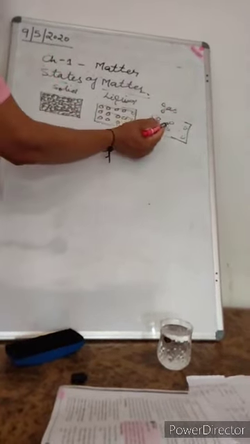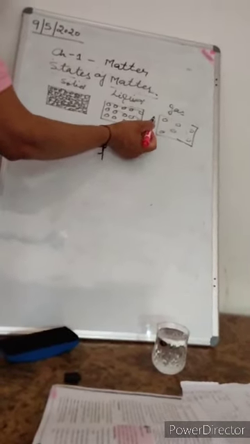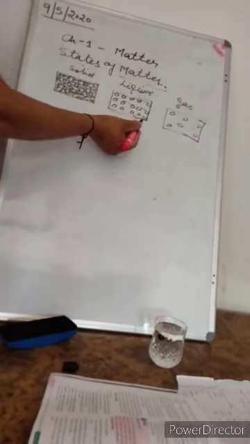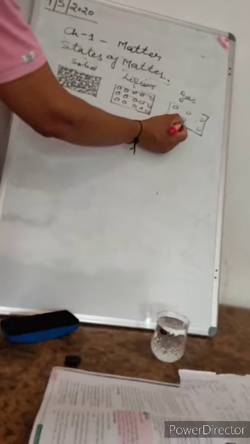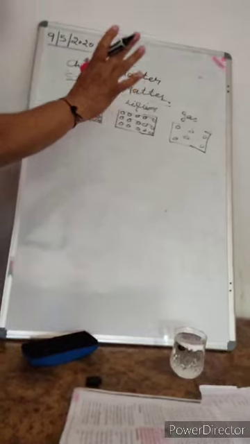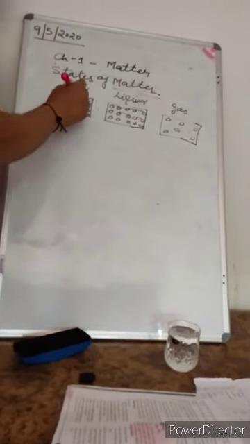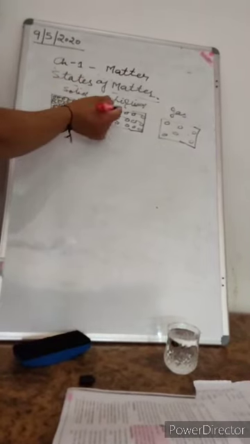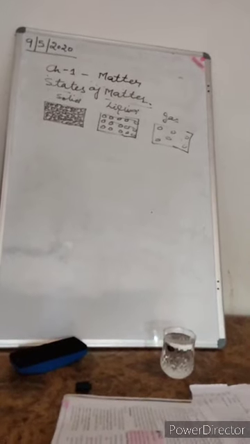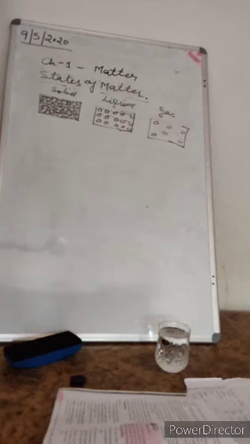You see that the interspacing between the molecules is very large as compared to solids and liquids. In other words, you can say that the intermolecular force of attraction between the molecules of gas is very less. So students, if the body is found in solid state or liquid state or gaseous state, that is all due to the interspacing between the molecules of the matter.